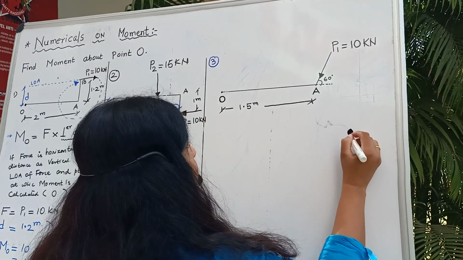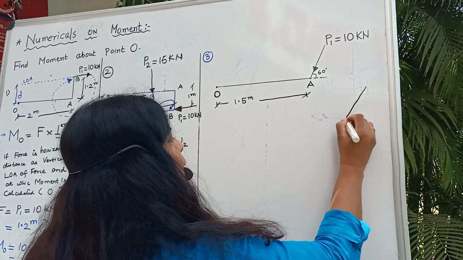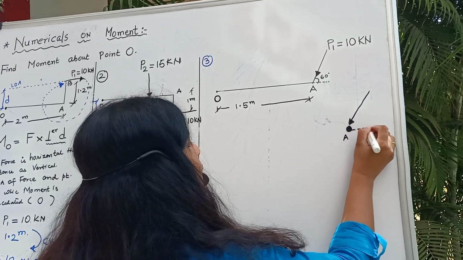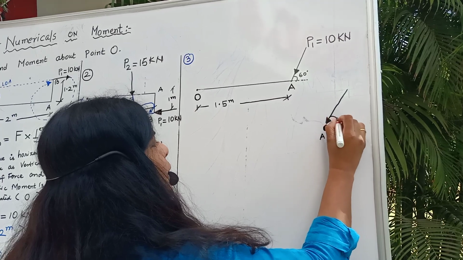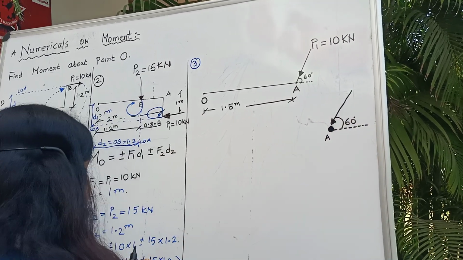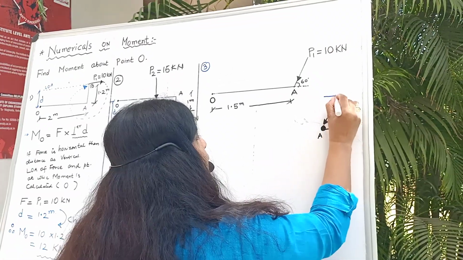Suppose this is the point A and the force is acting inwards and it is forming an angle of 60 degree with horizontal, then the component will also come inwards.